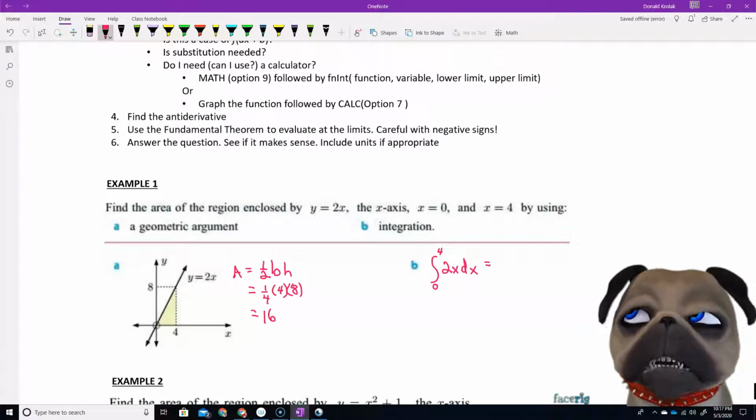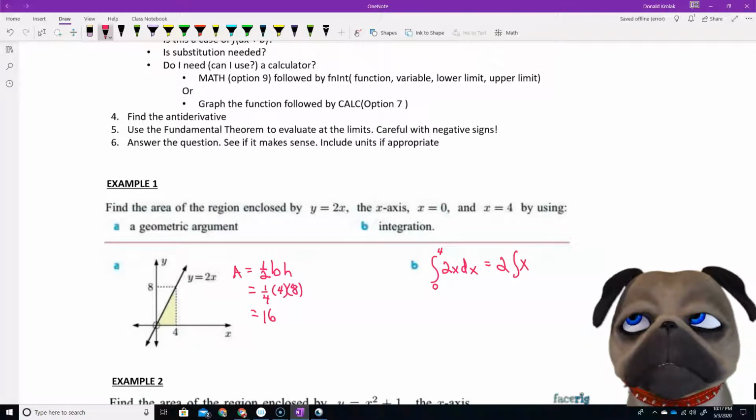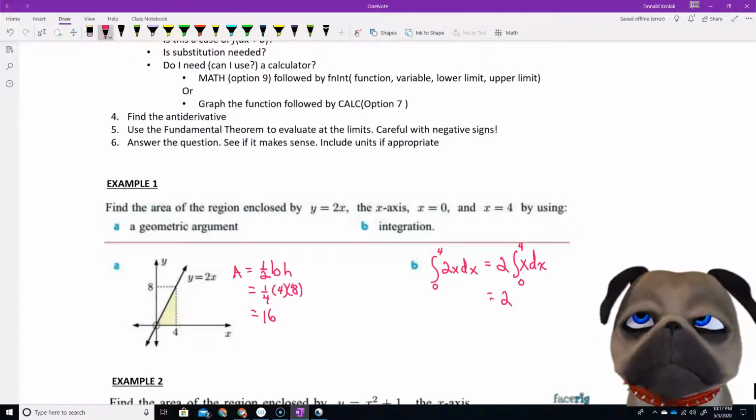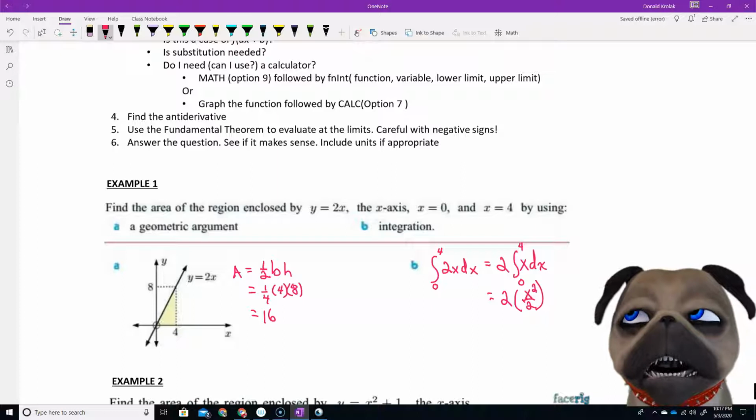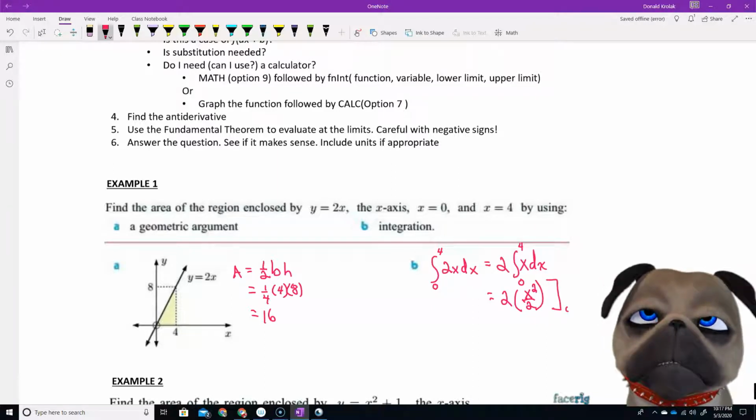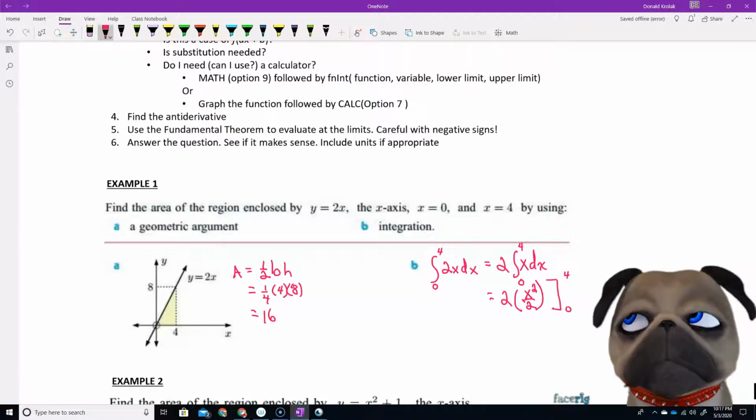So we do our integration here. I get 2, and then this would be x squared over 2, and I want to evaluate that from 0 to 4.